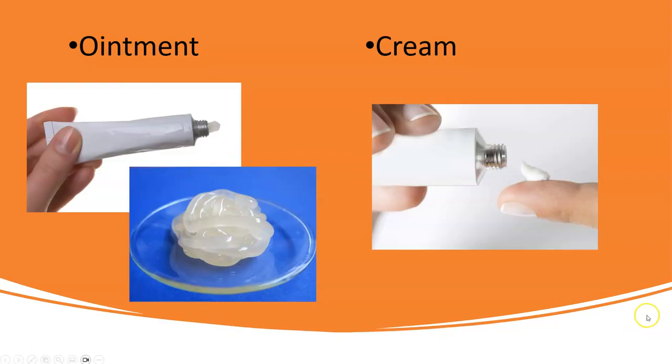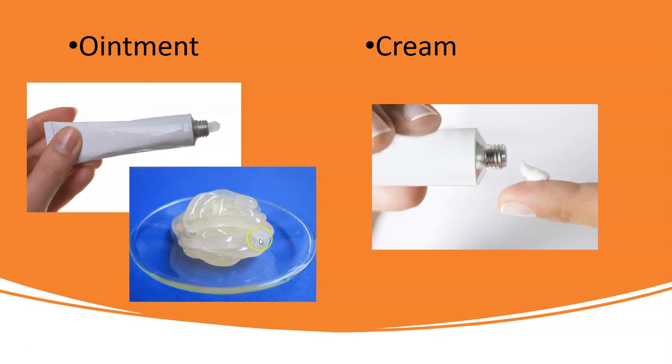Ointments and creams. An ointment is generally going to be an oil-based product. So it's going to be kind of greasy. It's going to be thick. It's going to bring the medication and hold it on the surface of the skin. And then a cream. So here we've got the ointment, and over here we have a cream. A cream is a water-based product, and it can absorb into the skin.